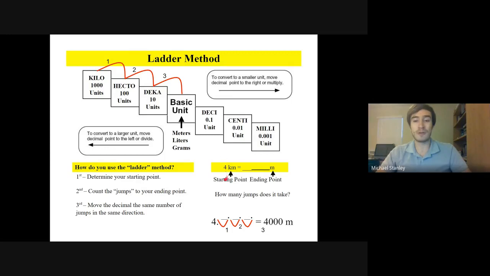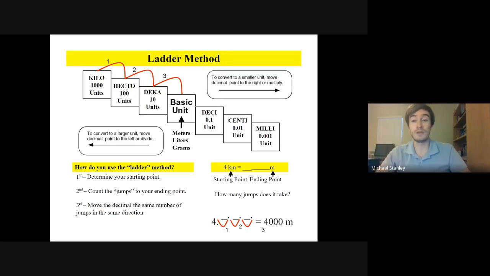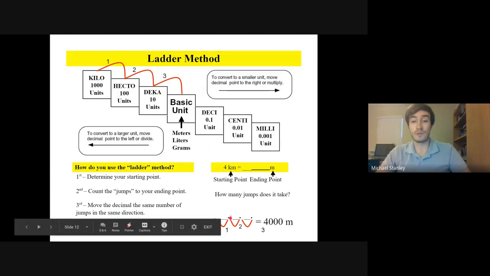So we're going to do that with our decimal point. Sorry that it keeps getting covered up by the slide thing. But when we have our 4, so our 4 is right here, we're going to move that decimal spot 3 jumps to the right. So 1, 2, 3.